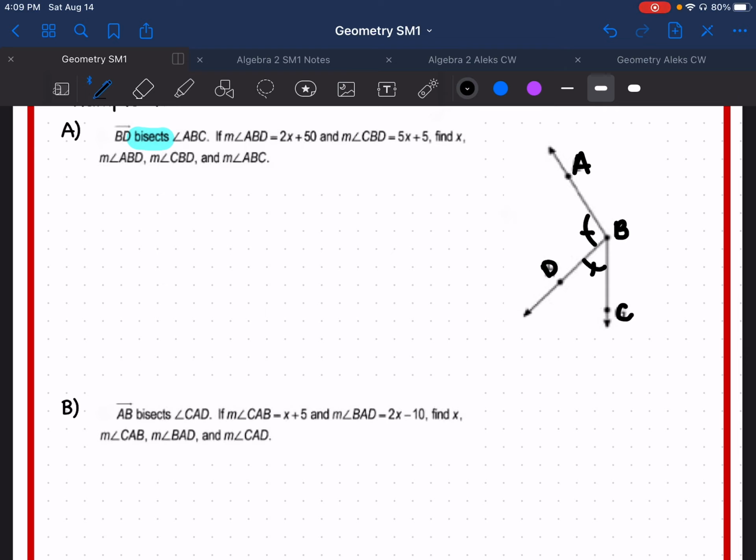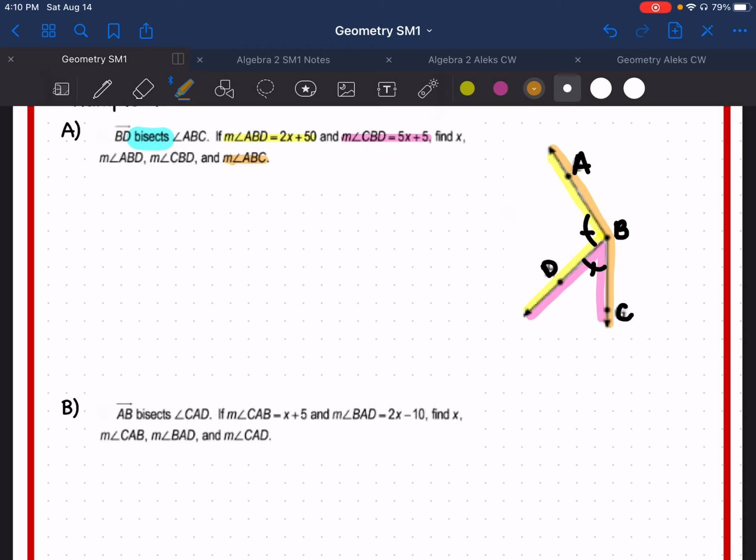Now, remember from the last lesson that we said that this angle, which is ABD, plus this angle, which is DBC or CBD, is equal to ABC. Now notice that that's the only place I could find ABC.